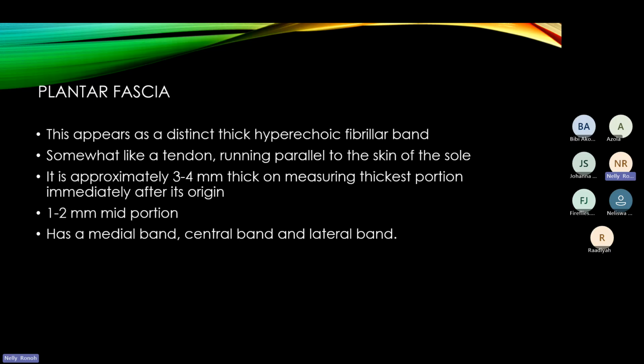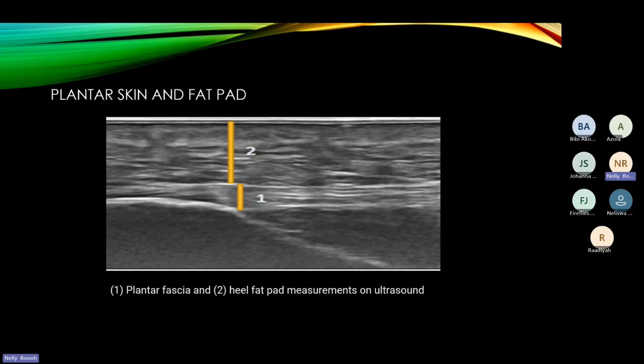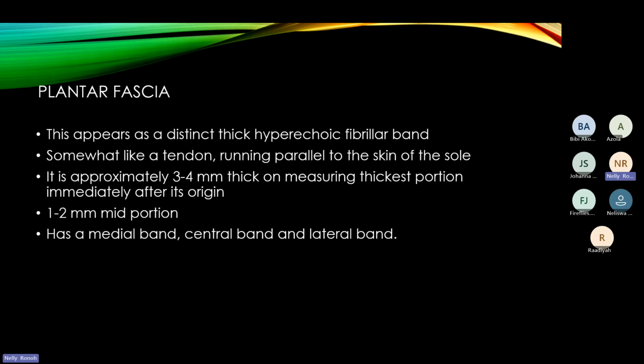And remember, the plantar fascia, as it continues, also becomes thinner. So at the mid portion, it would be measuring 1 to 2 millimeters, depending on where you are measuring. But most of the time, fasciitis would be just immediately after its origin. Just like we said, most Achilles ruptures happen at the myotendinous junction.